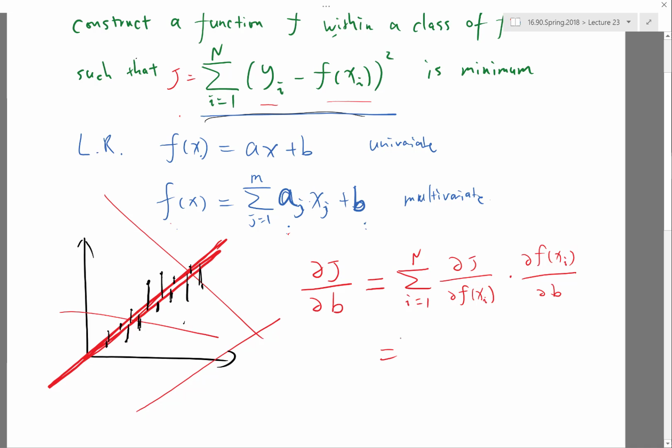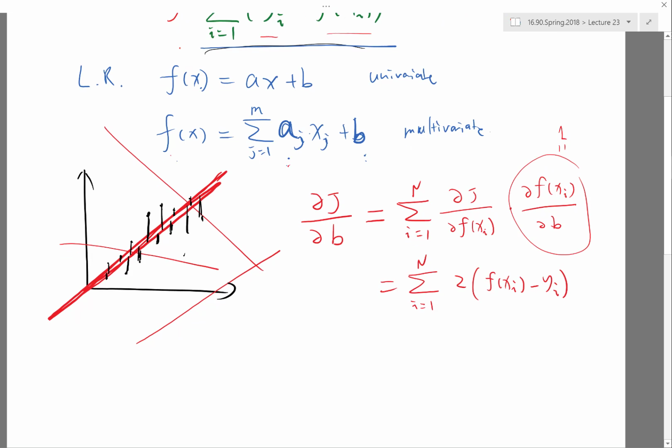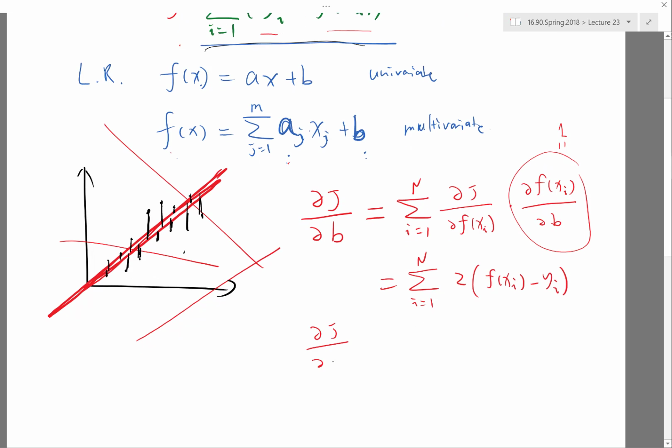So this turns out to be just a summation of i from 1 to n of partial J, partial f of x_i, which is 2 times f of x_i minus y_i, right? So this way we can compute the derivative with respect to b.